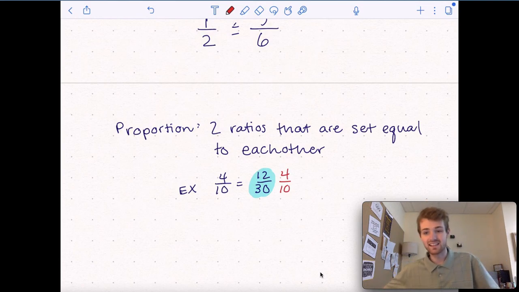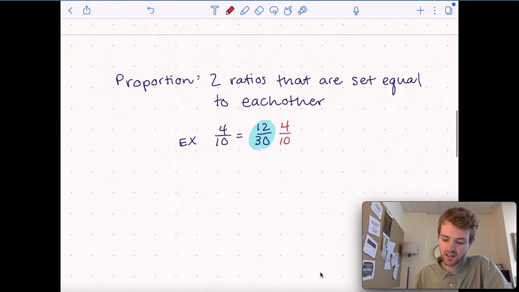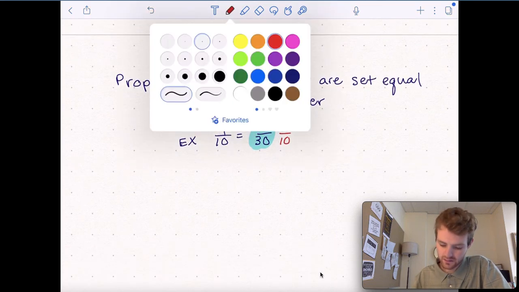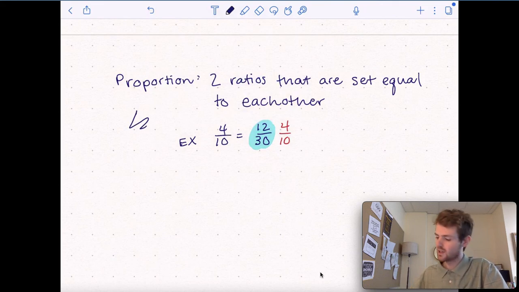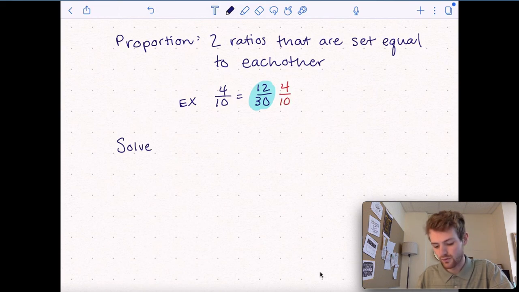So the thing is that those ratios have to be equal to each other. In our class, we're going to solve for the missing variable in a proportion.